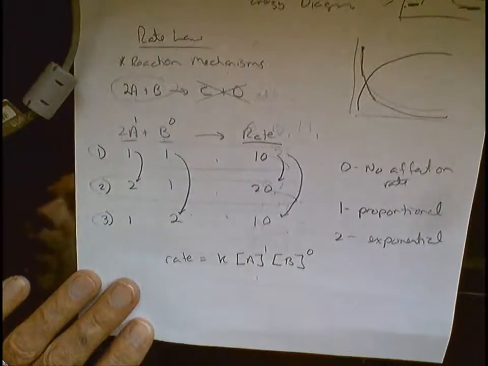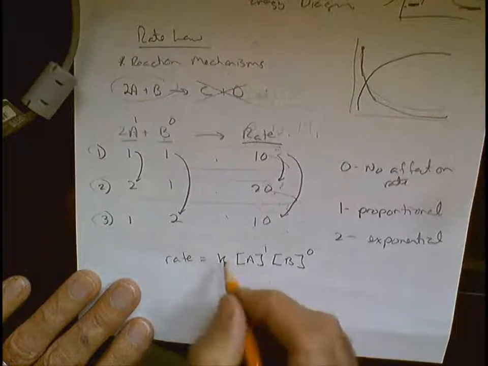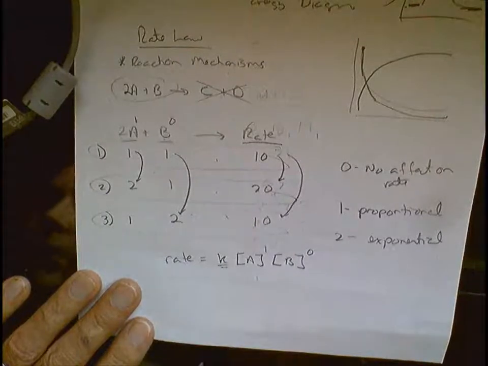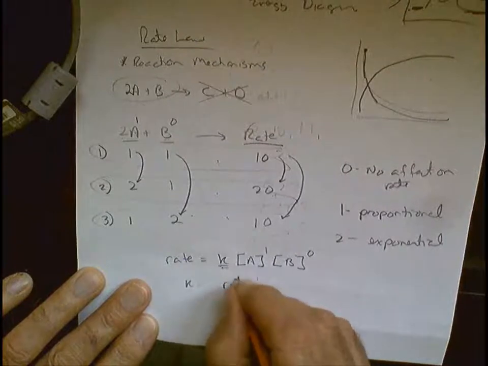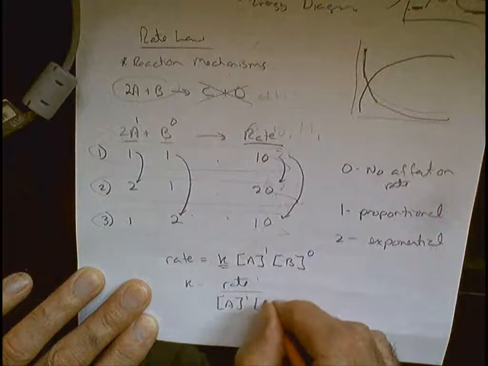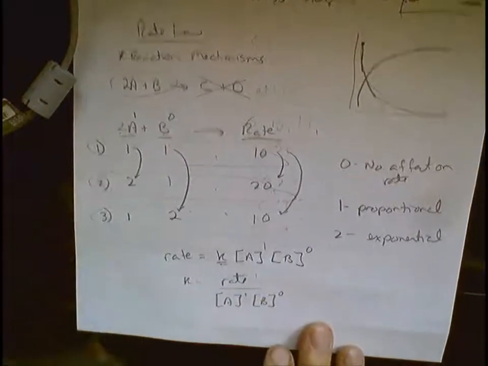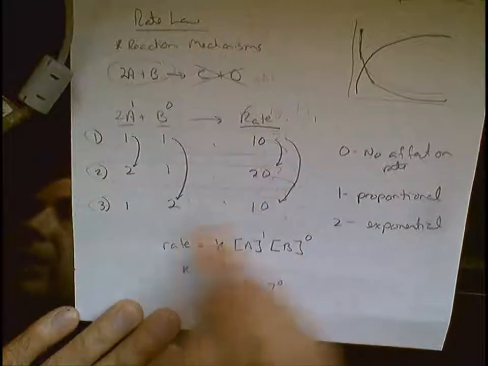And what we're solving for is K. K is the constant for the reaction 2A plus B gives C plus D. K is the constant we're solving for. So we're going to rearrange this. We're going to say K is equal to the rate over A to the 1, B to the 0. Now, like I said, we can take any one of these lines and put the data in.